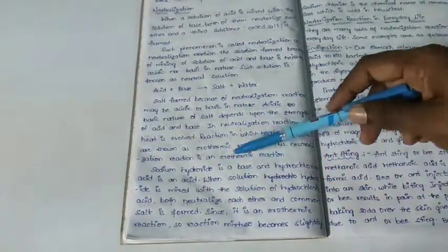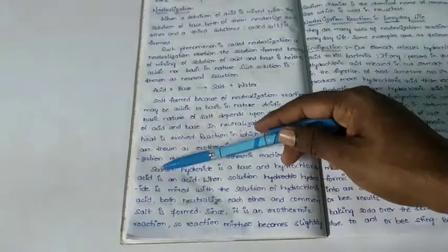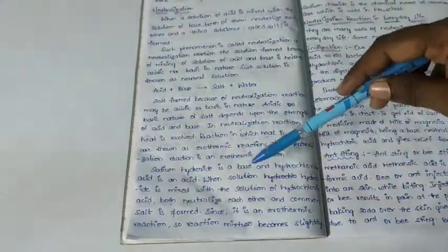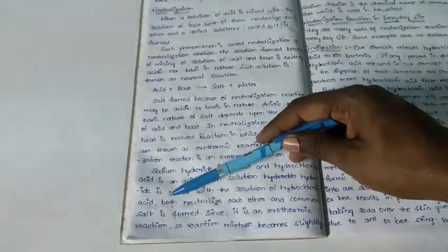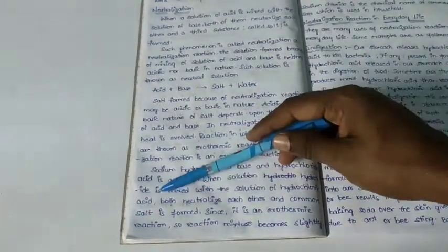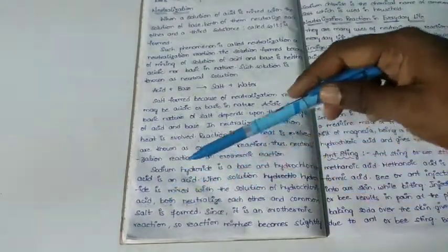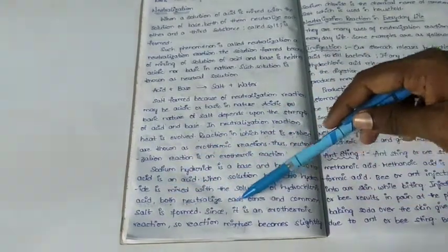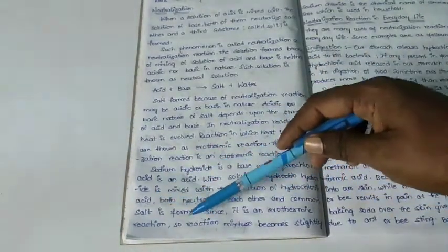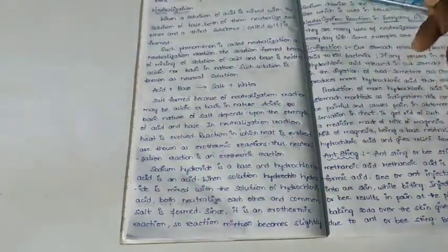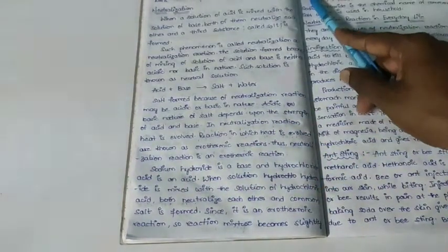Sodium hydroxide is a base and hydrochloric acid is an acid. When a solution of sodium hydroxide is mixed with a solution of hydrochloric acid, both neutralize each other and common salt is formed. Since it is an exothermic reaction, the reaction mixture becomes slightly hot.